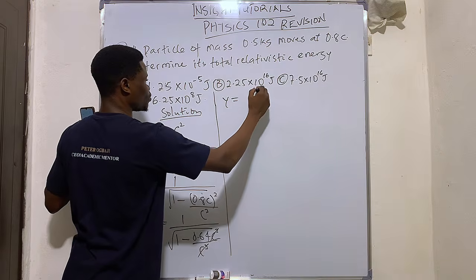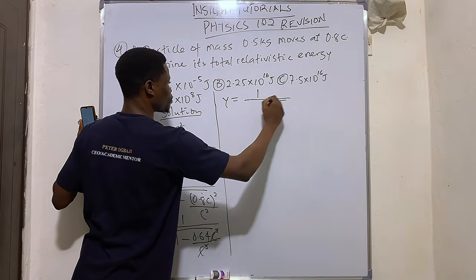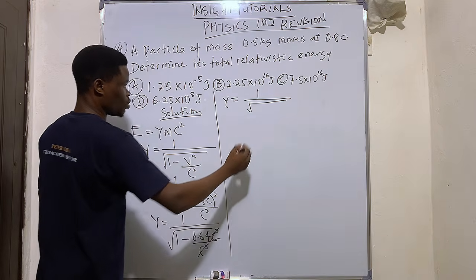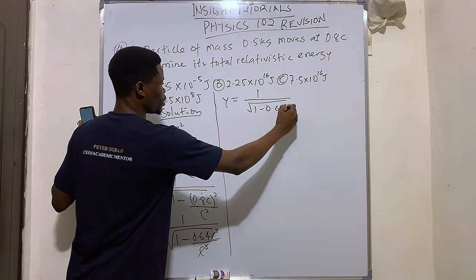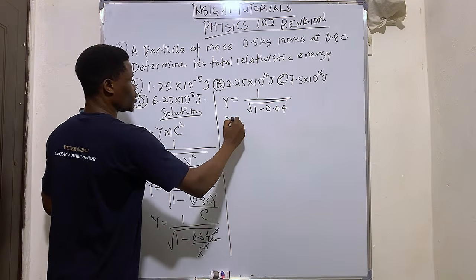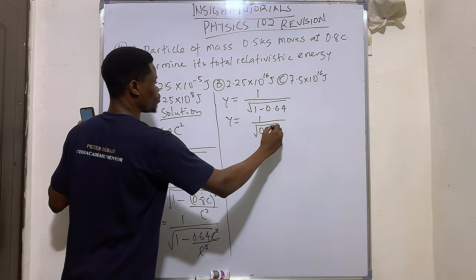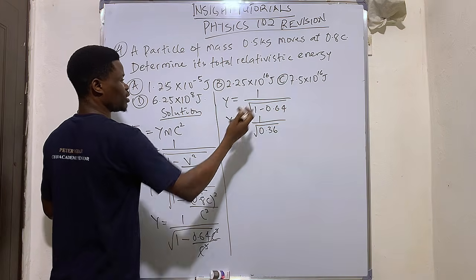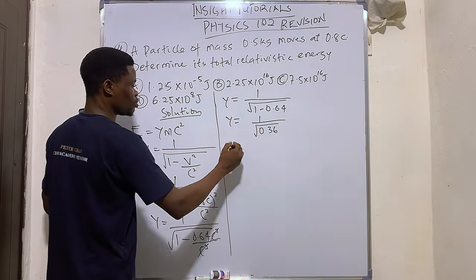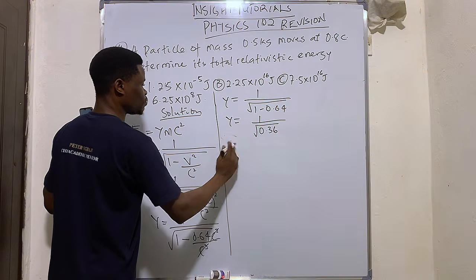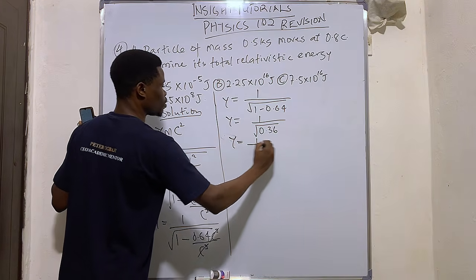The Lorentz factor is 1 all over the square root of 1 minus 0.64. Now the Lorentz factor is 1 all over the square root of 0.36, because 1 minus 0.64 gives 0.36.